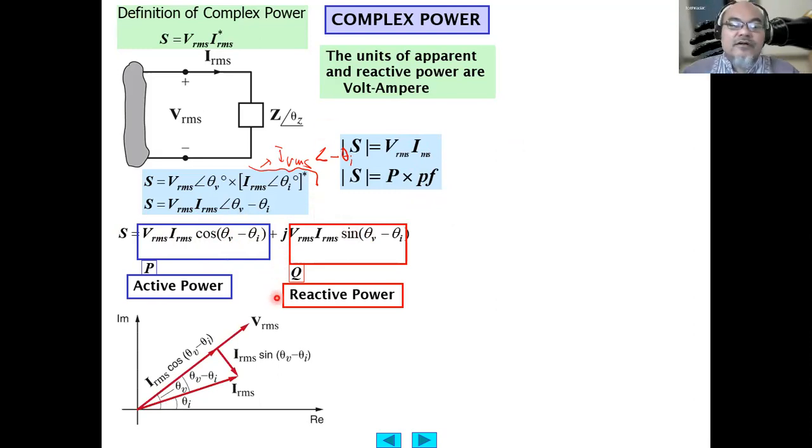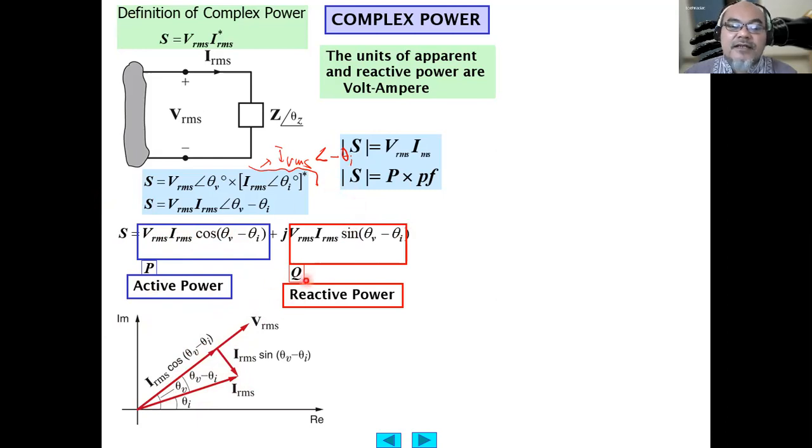So if we draw on a phasor diagram, we have here VRMS having a leading phase angle of theta V minus theta I, and maybe this is the IRMS. Then the active power is in phase with the voltage RMS, because it is VRMS multiplied by IRMS cosine theta V minus theta I, which is the component of IRMS in line with the voltage RMS.